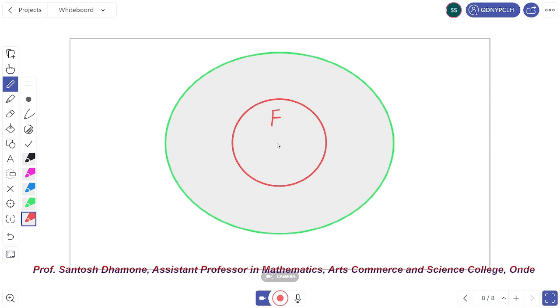Since A is a finite set, A contains elements x1, x2, x3, and so on up to xn. This is a finite set.